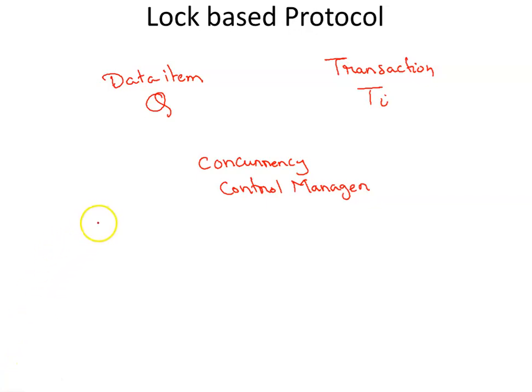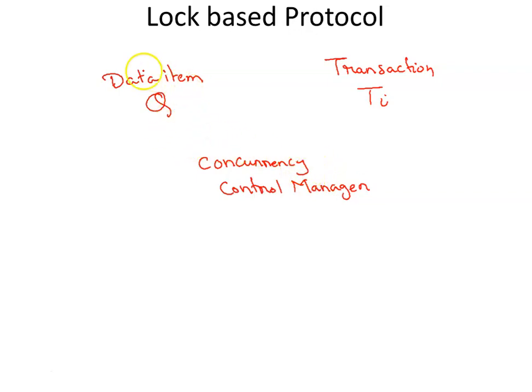In this lock-based protocol, when a concurrent transaction Ti needs to access a shared data item Q, it will first get a lock on the data item in an appropriate mode and then access the data item. The granting of the requested lock to transactions is controlled by the concurrency control manager.